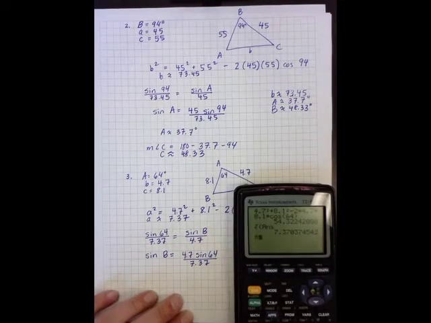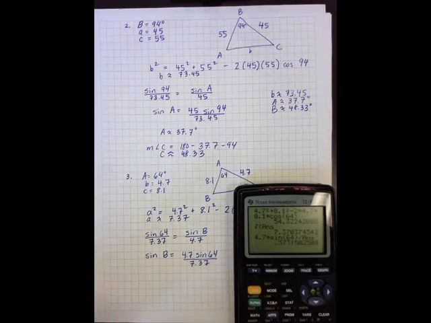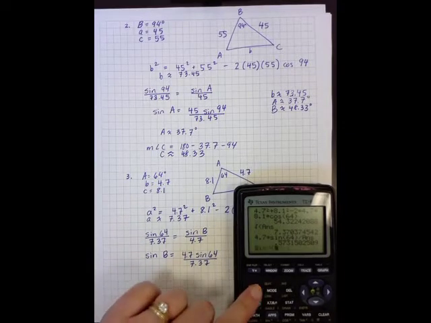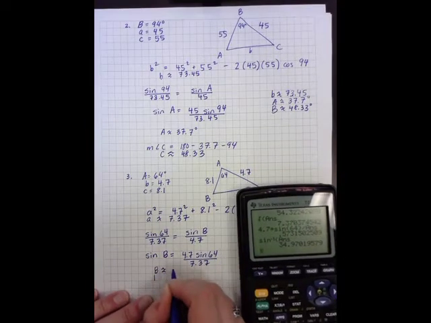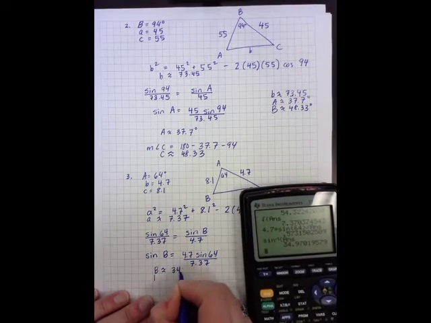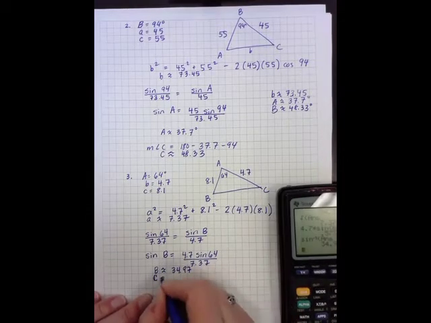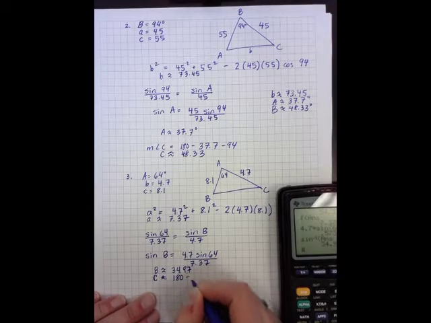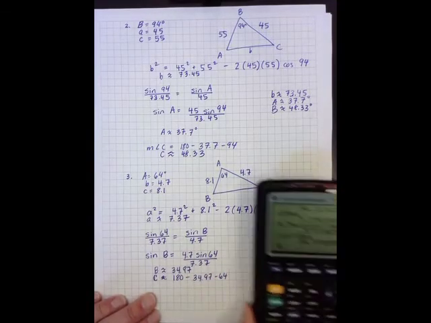Again, 4.7 times sine of 64 divided by, and again, I have the answer stored there, so I'm just going to use it. And then sine inverse. So B is approximately 34.97. Then C is going to be approximately 180 minus 34.97 minus 64.